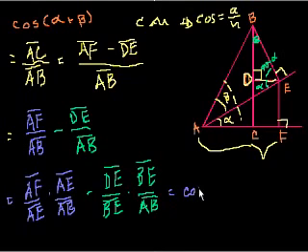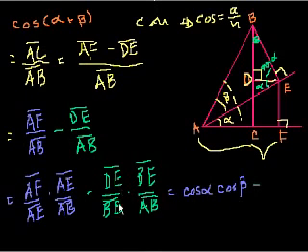And what's AE over AB? Well, if we look at this big right triangle right here, that is the adjacent over the hypotenuse for beta. So that's cosine of beta.